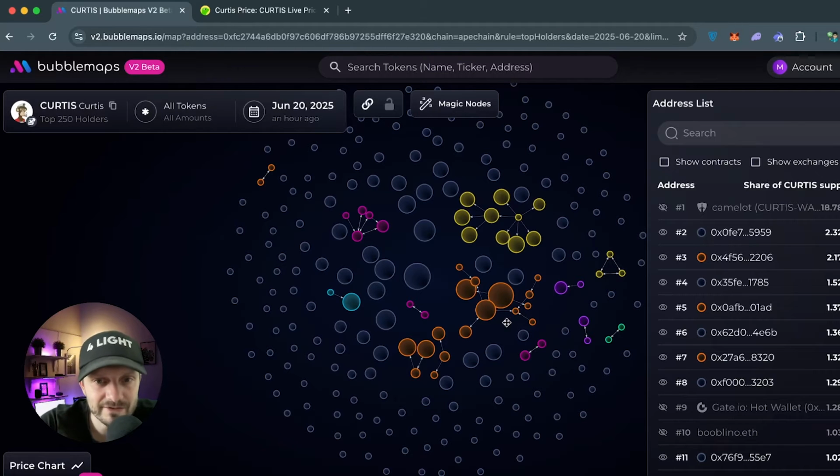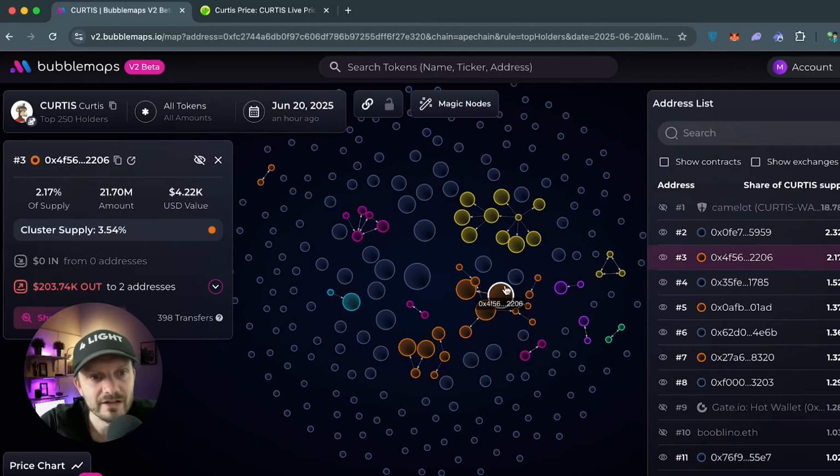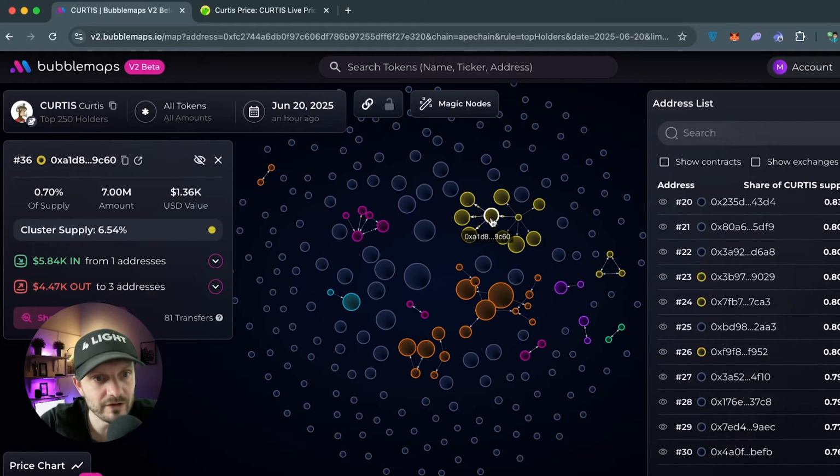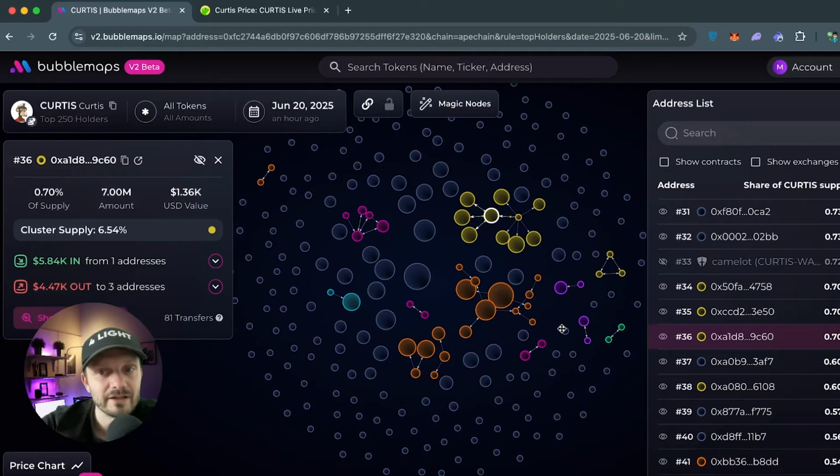It means this connected cluster can be one group of people, it can be some team, some insiders, and in this way when we check the cluster, we can find that this orange one holds 3.54% of total supply. This one is 6%. And that can be a red flag.